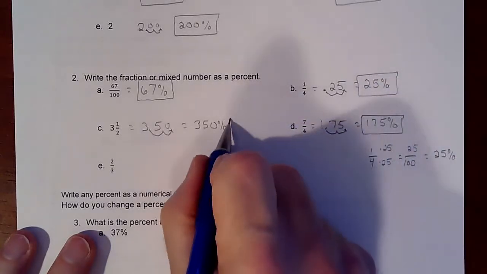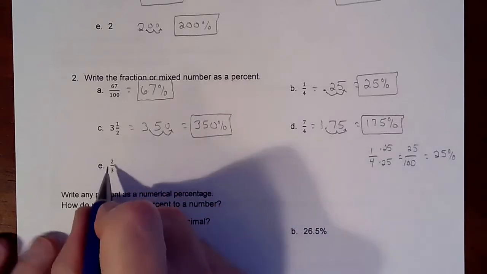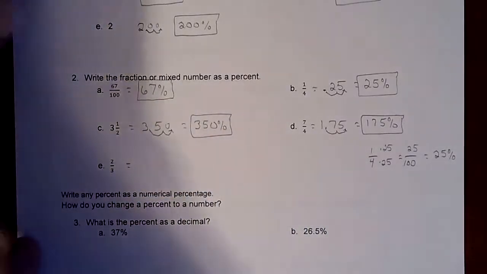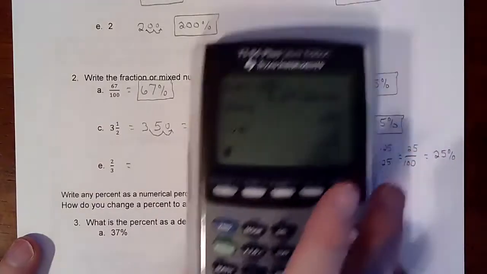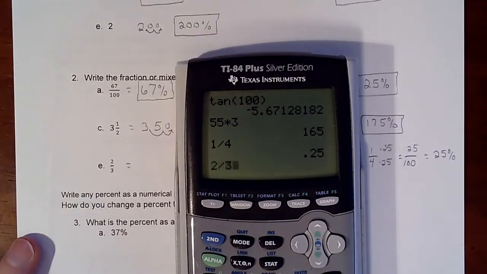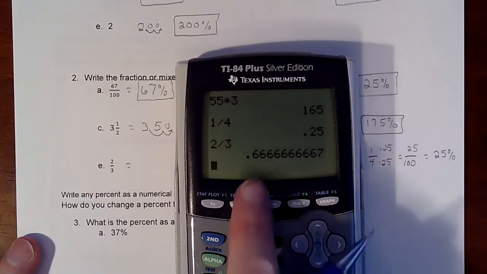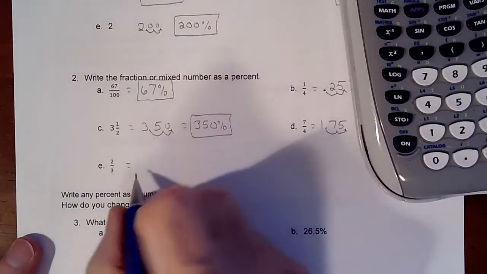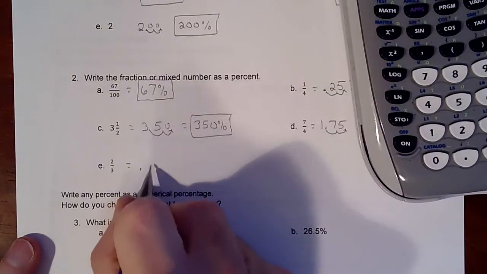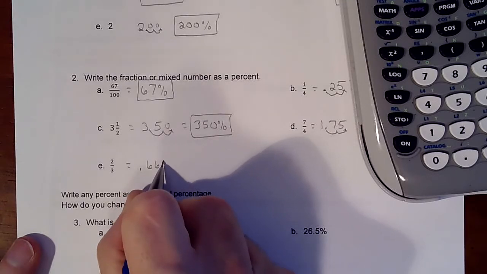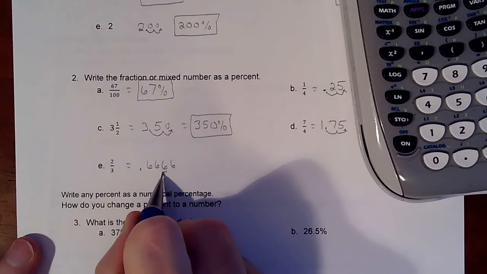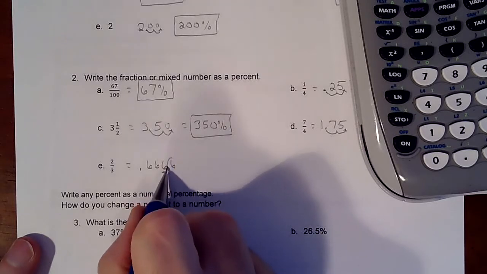And then the last one is 2 divided by 3. So 2 divided by 3 is some decimal: 0.666666. We have to cut it off at some point. I always take 3 decimal places, so I need the 4th decimal place.